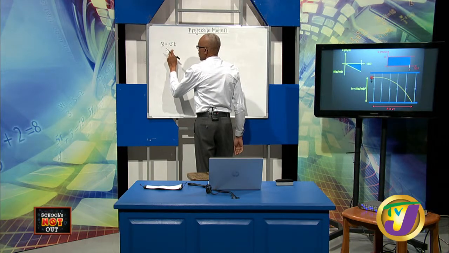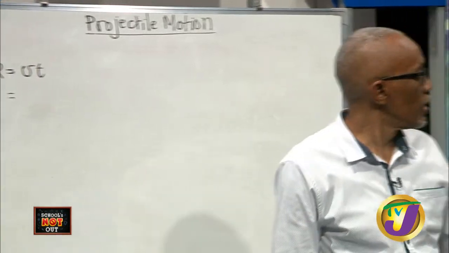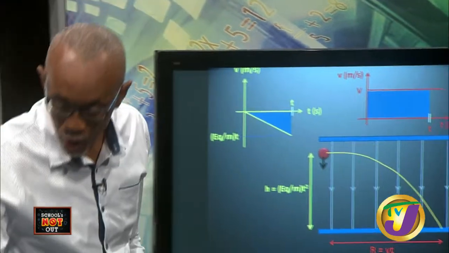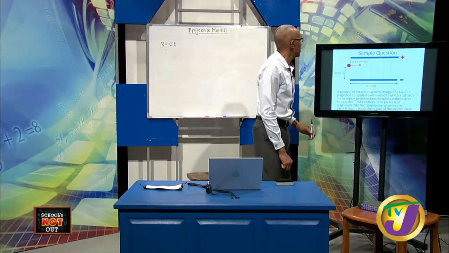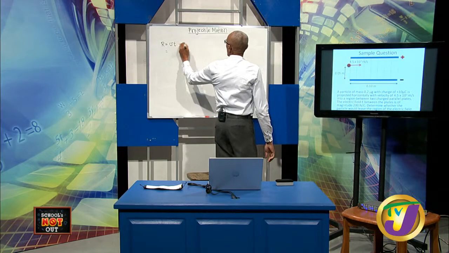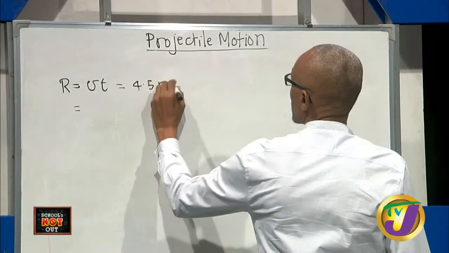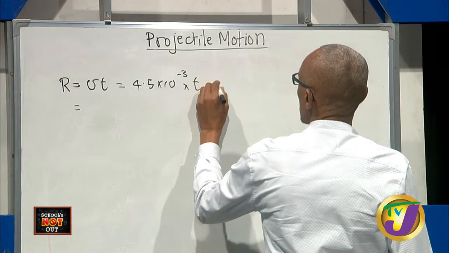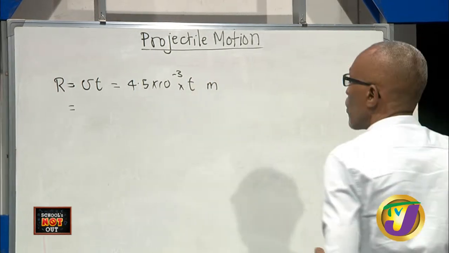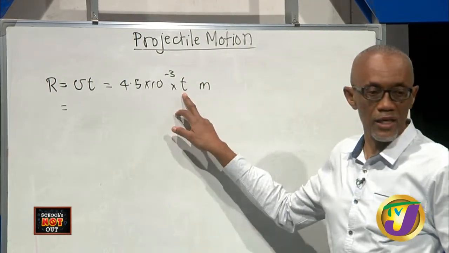And we know that V is 4.5 by 10 to the negative 3. That would be equal to 4.5 by 10 to the negative 3 by T meters. Now, our task is to find T.